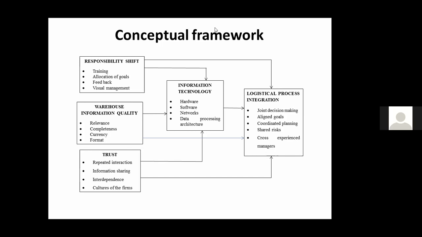We're talking about trust. Repeated interaction. What kind of questionnaire items are you going to have for the first bullet there? And then the second, the third, the fourth. Do you have independent questionnaire items for each of these?